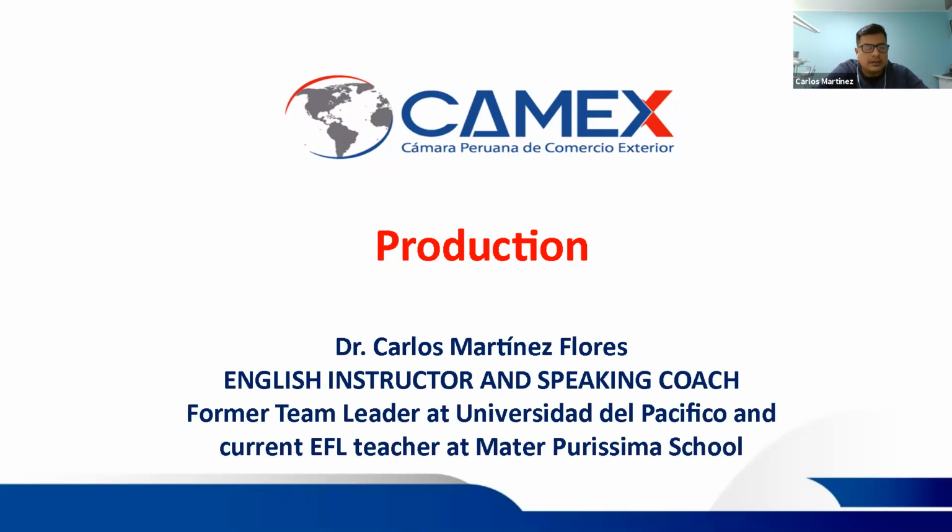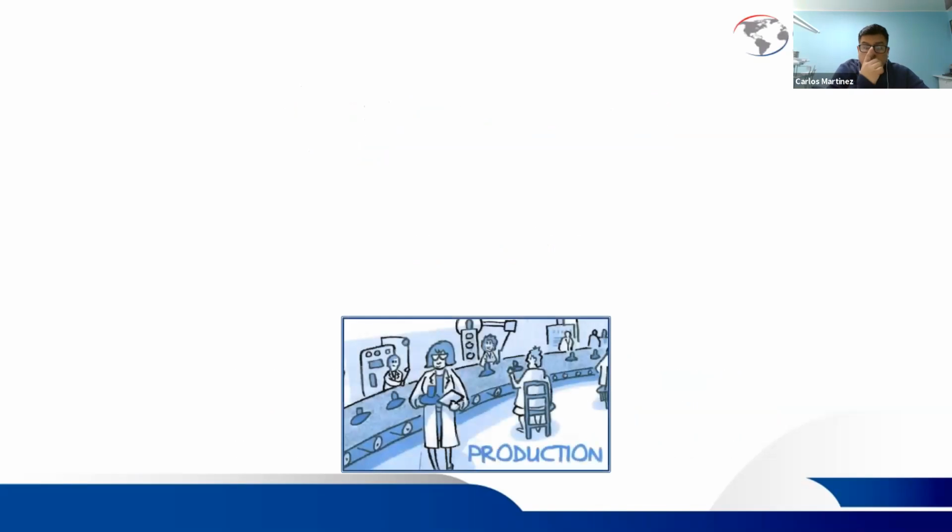The topic of today is, like I mentioned before, production. Very good, let's begin. As you can see in the picture, production has to do with cooperative work between man and, in some cases, machine, or anything that has to do with the production of a business.